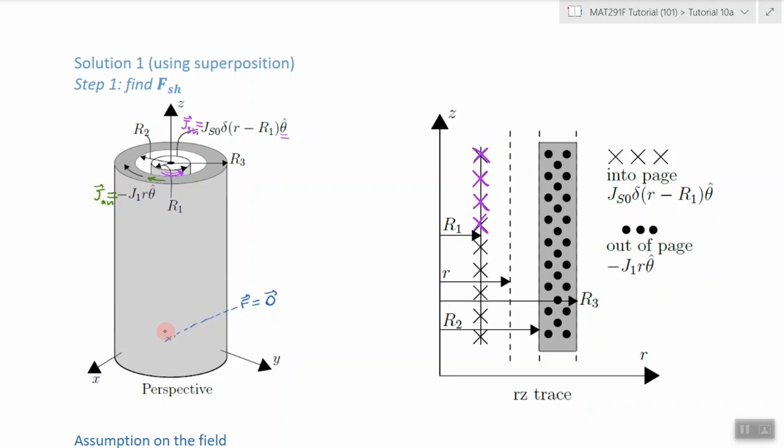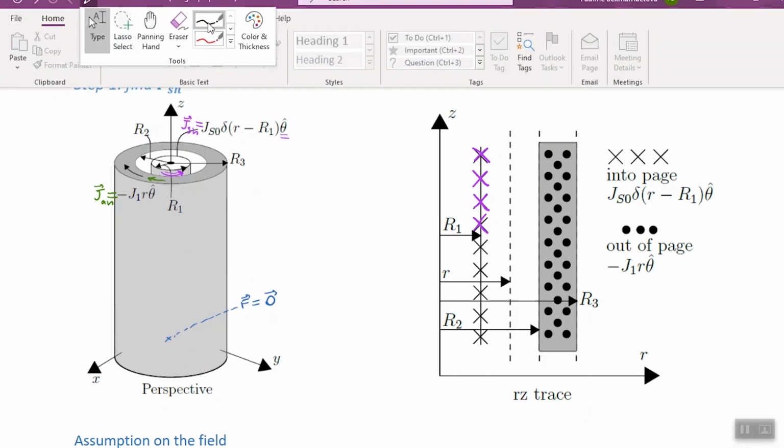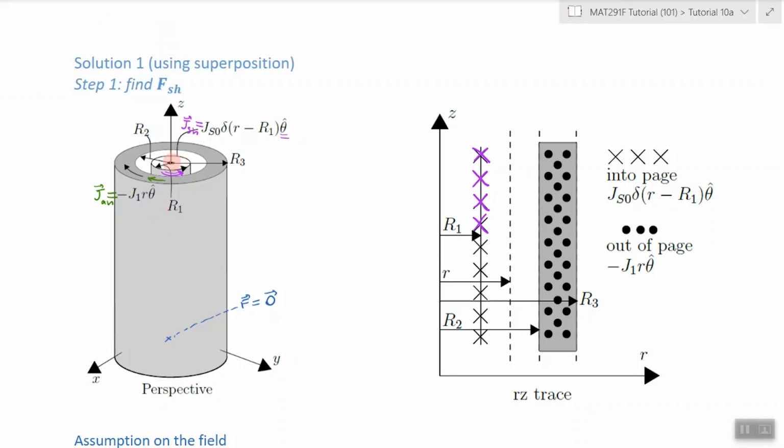Because you see, if you imagine taking any slice, the sheet current is going to go into the page.